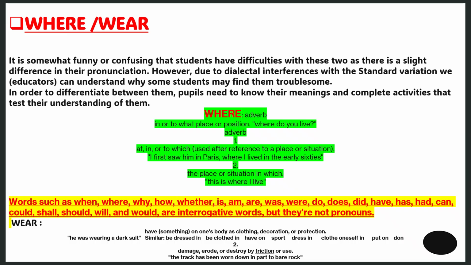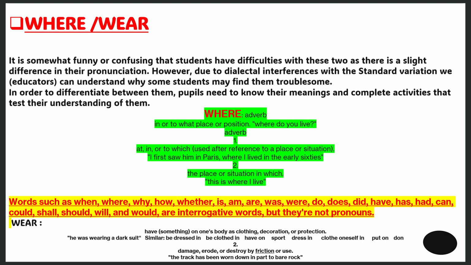So to wear, W-E-A-R, means have something on one's body as clothing, decoration, or protection. Example, he was wearing a dark suit, similar to he was dressed in, he was clothed in, have on, sport, put on. And the second meaning is damage.